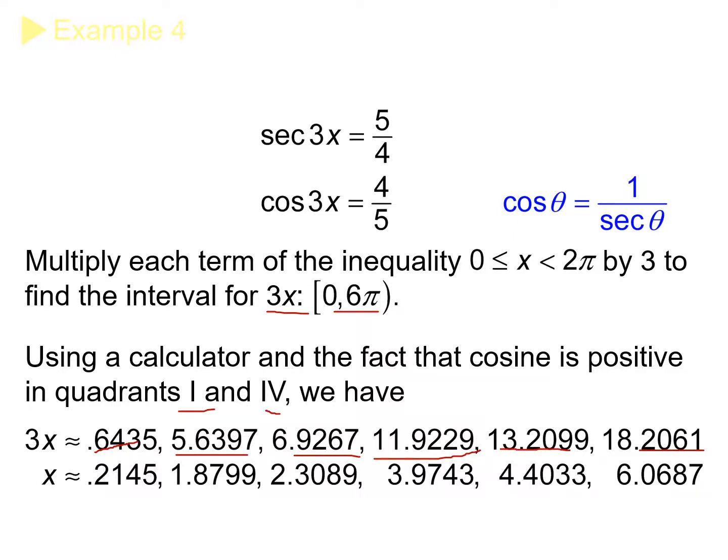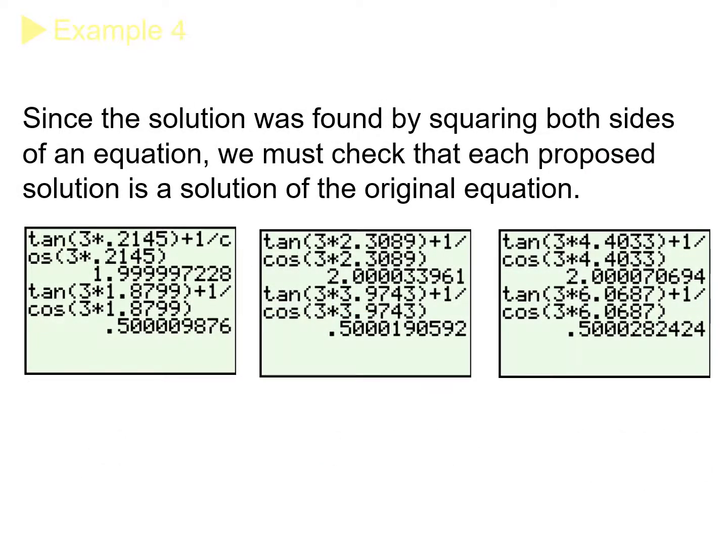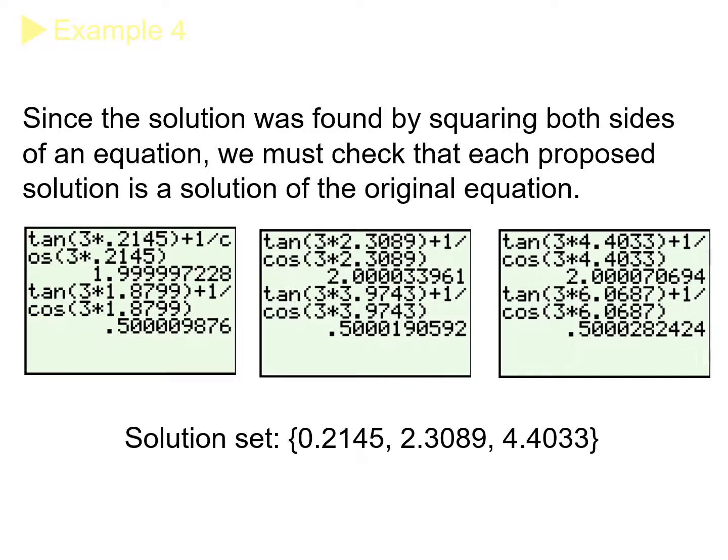Divide all of those through by 3. Get your solution set. Now we squared both sides, so we have to check that each solution is a solution to the original equation. And we find our solution set is narrowed down to 0.2145, 2.3089, and 4.4033.